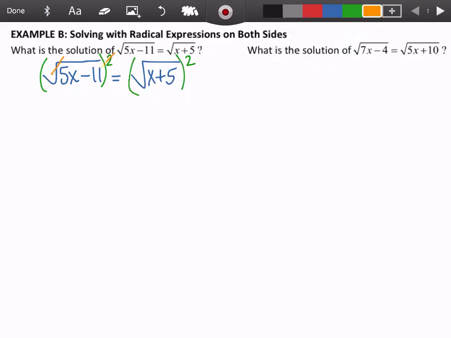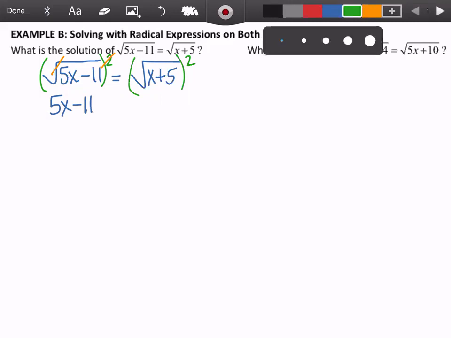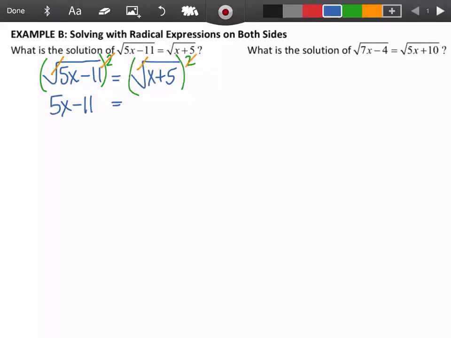So we can cross that square root sign out, and what we have left is what is underneath it, which in this case is 5x minus 11. We can do the same thing on the right side, and we are left with just x plus 5.